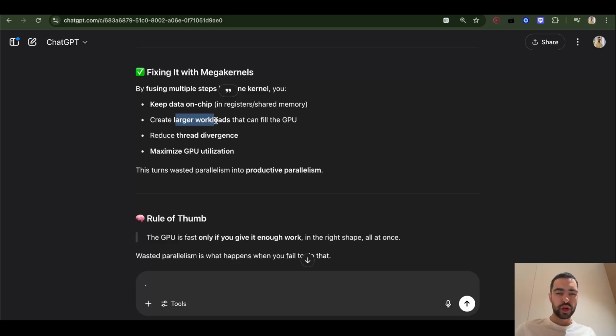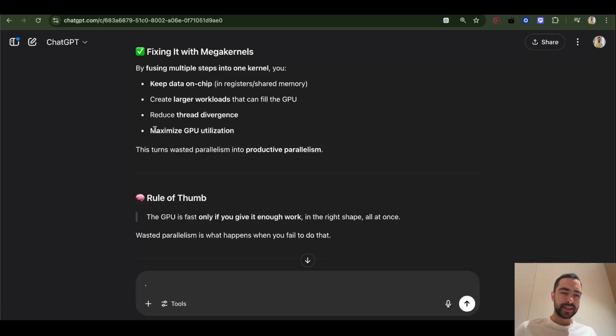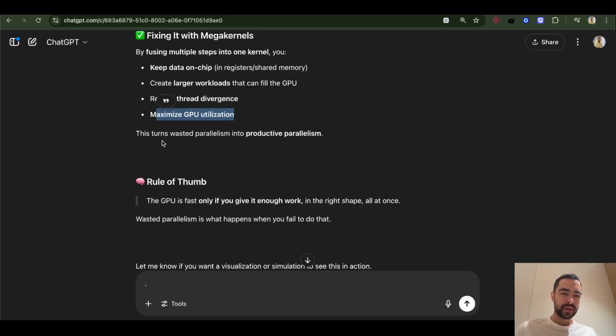Create larger workloads that can fill the GPU. Reduce thread divergence, so threads are working more closely with each other and producing data each of them needs, so they don't need to wait for each other too much. Maximize GPU utilization.